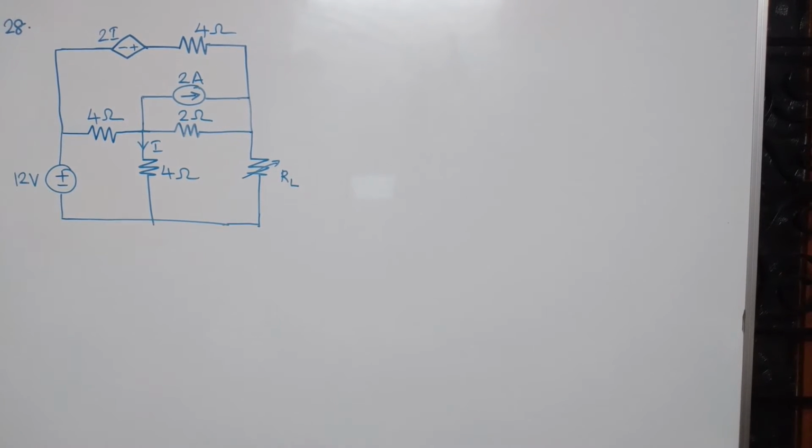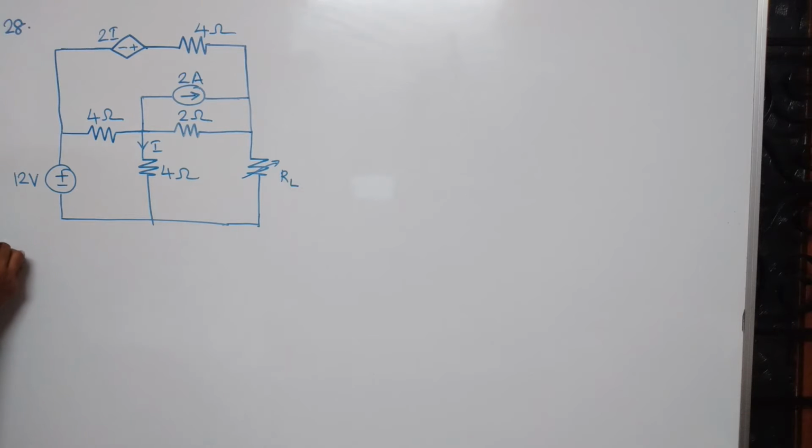So the next question is, find the value of RL for which maximum power gets transferred. Also find the maximum power transferred. Again, the circuit consists of only resistors, but here there is a dependent source. So to find RTH, we need to find both VTH as well as ISC.